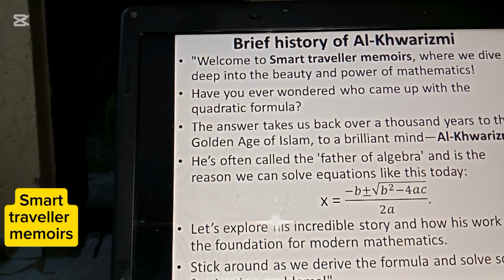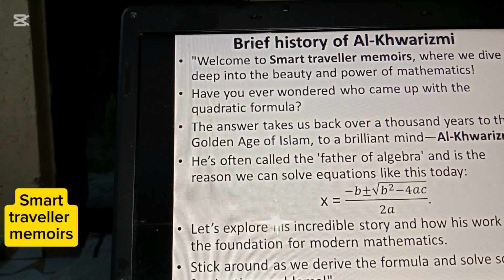So, welcome to Smart Traveler Memos once again, where we dive deep into the beauty and the power of mathematics. Have you ever wondered who came up with the quadratic formula? The answer takes us back over 1,000 years to the golden age of Islam, to a brilliant mind, Al-Khwarizmi.